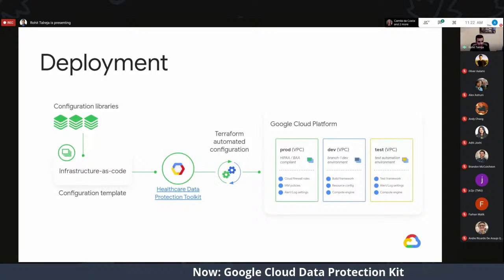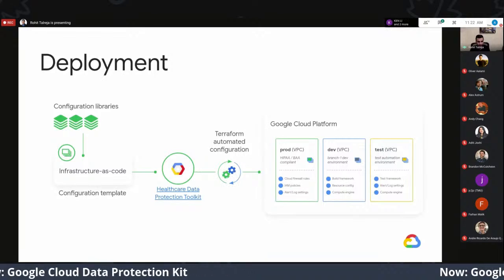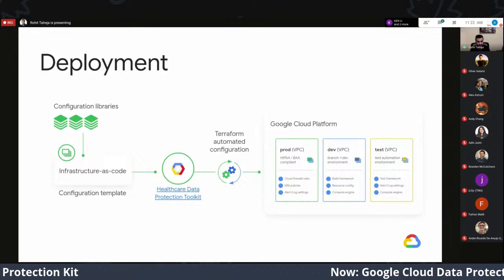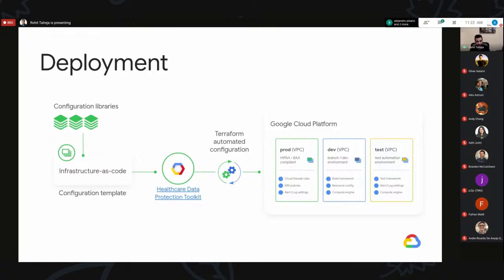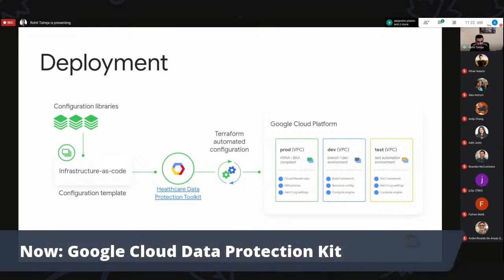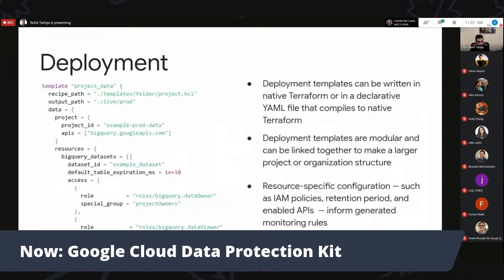And these templates are extensible and configurable. You can mix and match two or N templates together to get a larger and larger project. And then finally, Terraform, which is an open source infra as code utility, gets everything deployed onto GCP.